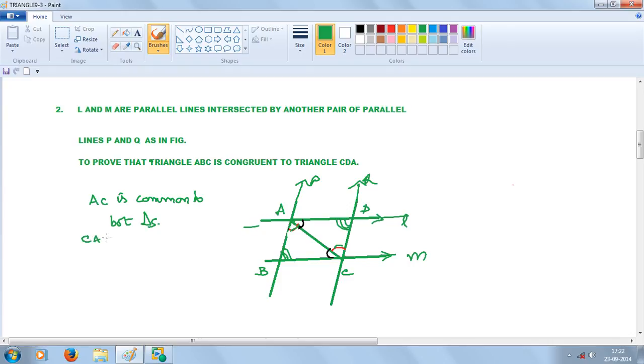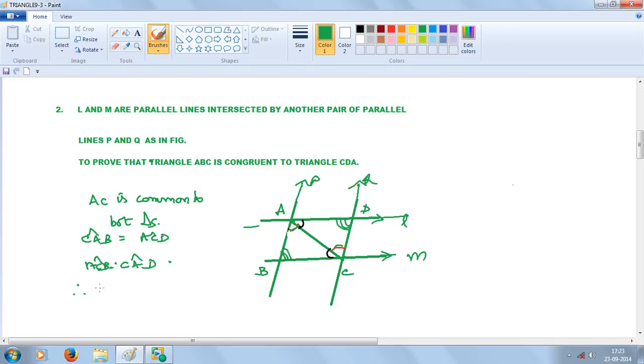So angle CAB is equal to angle ACD, and angle ACB is equal to angle CAD.